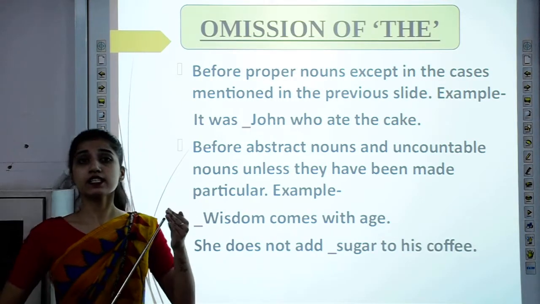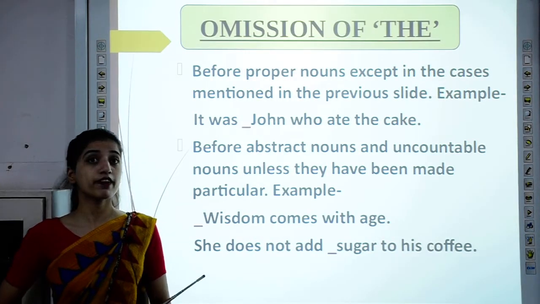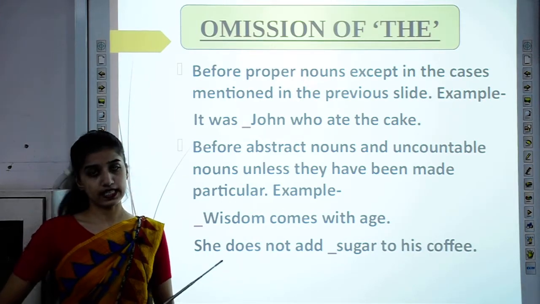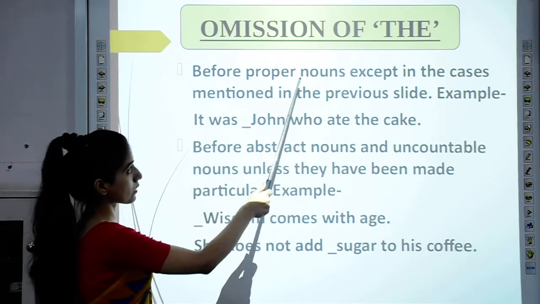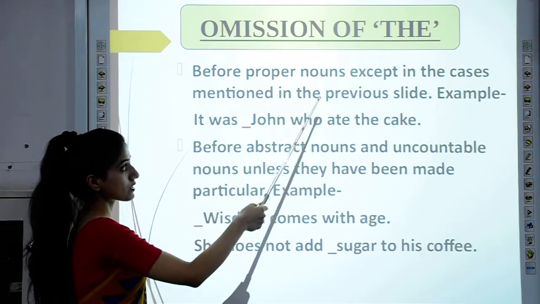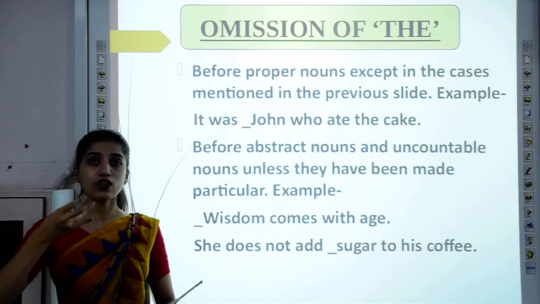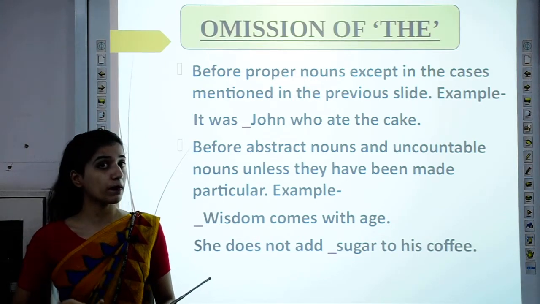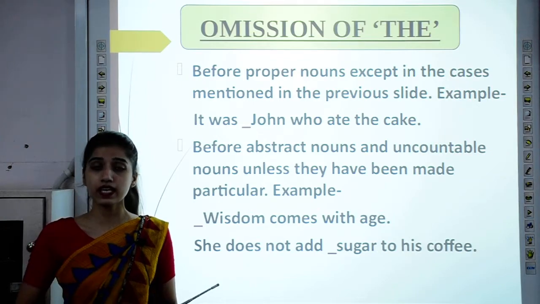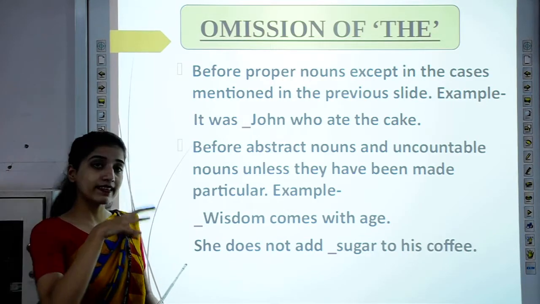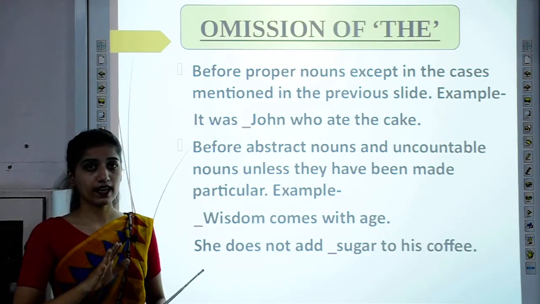Now, where is "the" omitted, where is "the" not used in a sentence? Let's see. Before proper nouns, except in the cases mentioned in the previous slide. As I told you, only in cases like holy books, newspapers, seas or rivers will we use "the".